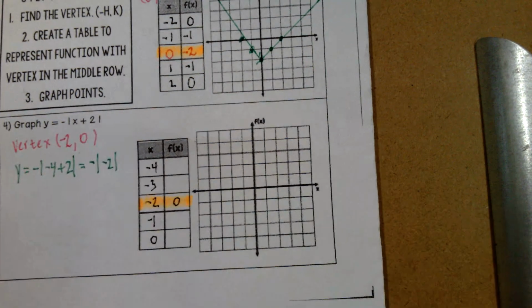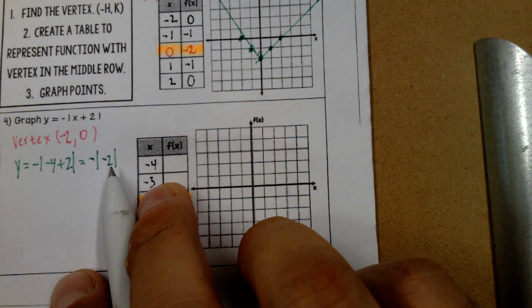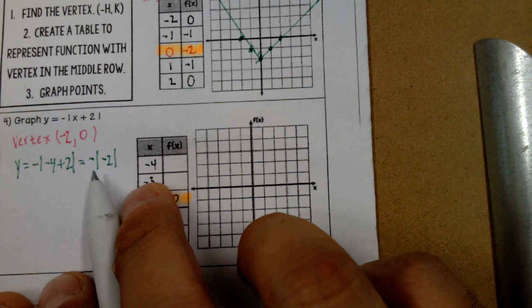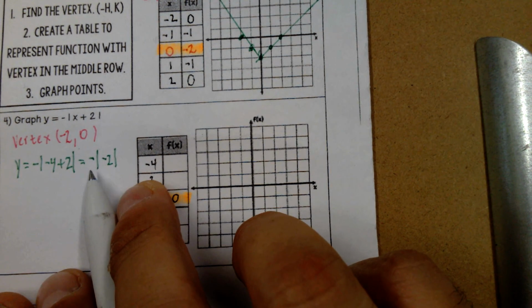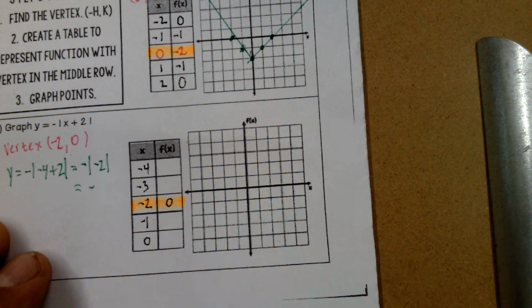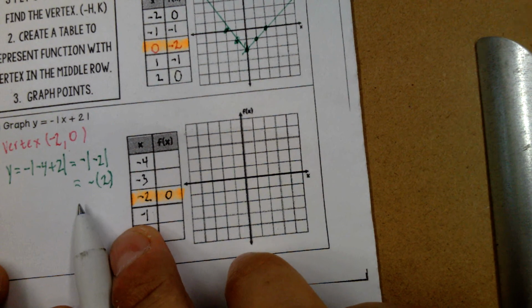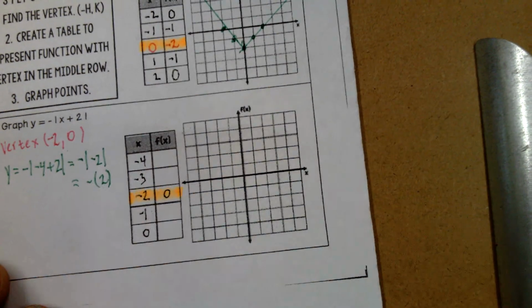Negative 4 plus 2 is negative 2. So the absolute value of negative 2 is 2. But what do we have in front? A negative. The absolute value of negative 2 is positive 2, but what do we have in front? A negative, so this becomes negative 2.